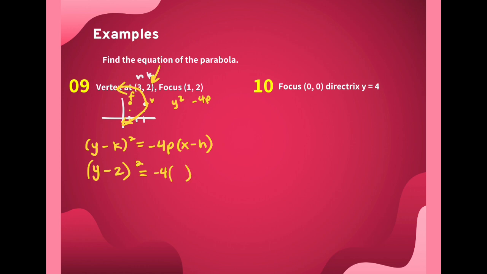I'm going to leave a space to fill in that p when we figure it out. X minus h is 3. And all we have to do is count the distance from the vertex to the focus. P is 2, and I plug that in. And I get y minus 2 squared equals negative 8 times x minus 3.